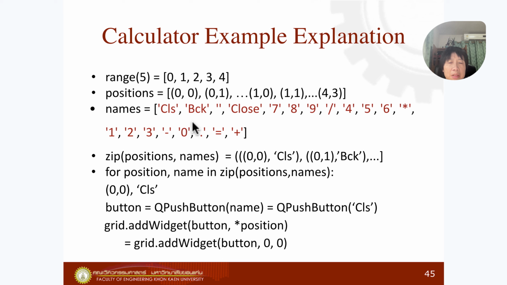And names are the names of the buttons. When we say zip position, name, it will match the coordinate with the name of the button, right? So here button equals QPushButton name, for example QPushButton clear, right? And then when we say layout add widget button, star position, it will get the first pair 0, 0 for the first button.